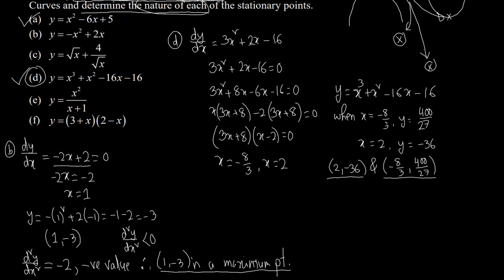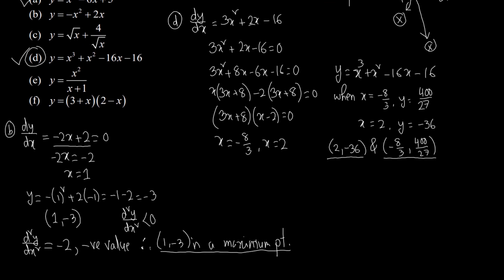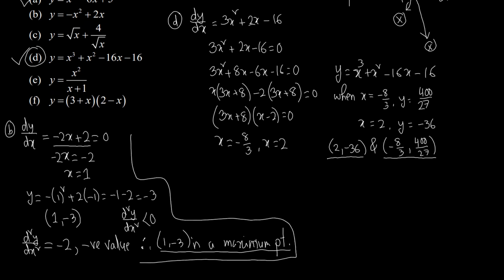Now we are going to check whether each point is a maximum or minimum. In that case we have to differentiate the expression again. Double differentiation, d square y by dx square, gives us 6x plus 2.